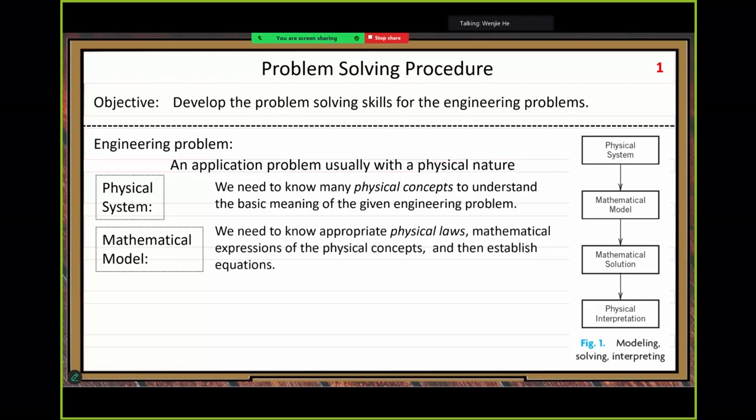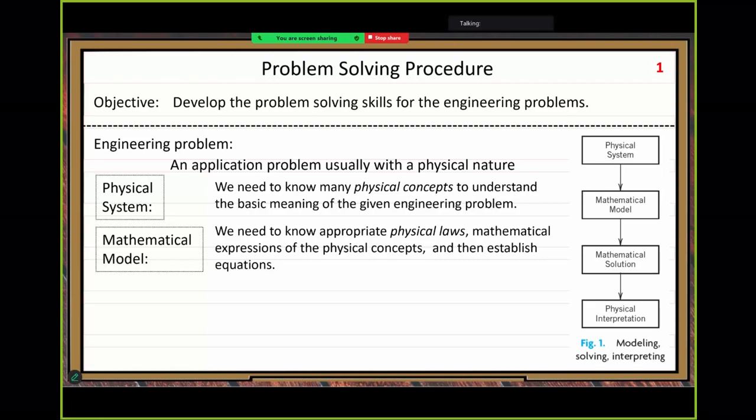So what's that? We need to apply certain physical laws: Newton's laws, electricity, many different physical laws.